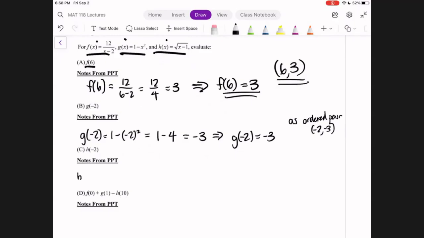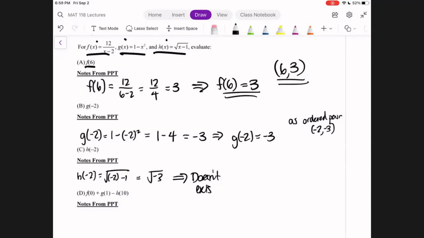And then we'll do h of minus 2. So h of minus 2 would be square root, plug in my minus 2, minus 1. So I need to simplify what's underneath the square root. So that would be square root of minus 3. So this doesn't exist, right? That means we plugged in a value that doesn't work in our function, so it's not in the domain.